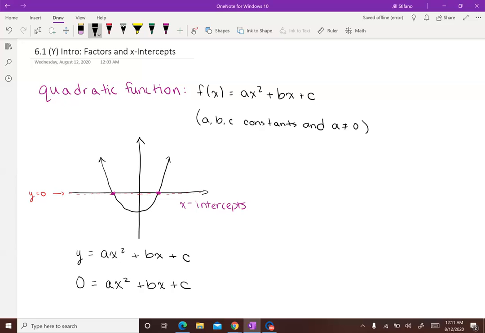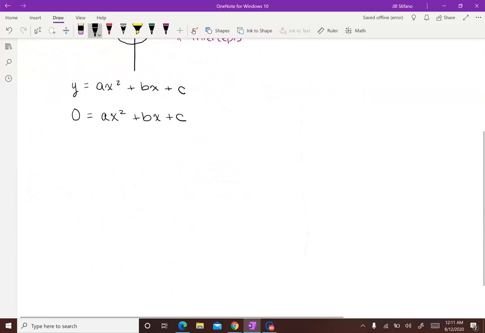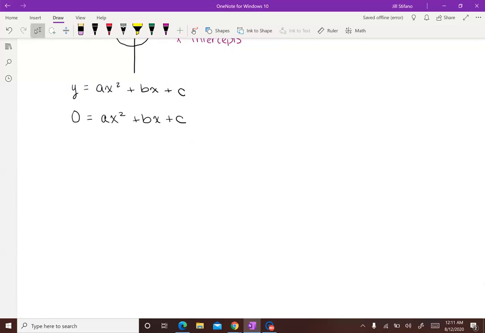But first, let me introduce a concept known as the zero factor principle. It says that the product of two factors equals 0 if and only if one or both of those factors equals 0. So in symbols, this is how it looks.